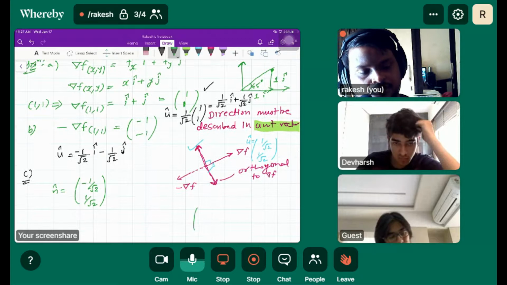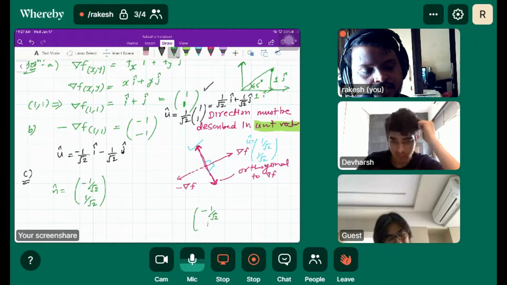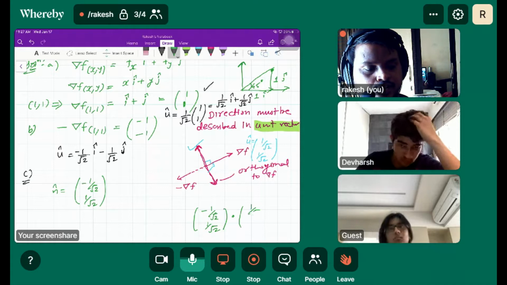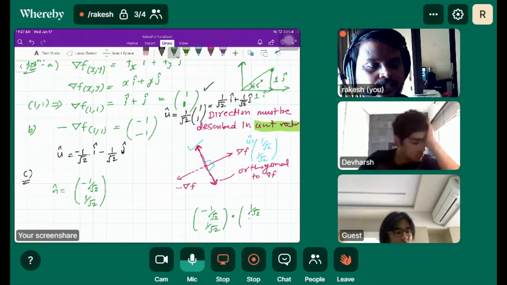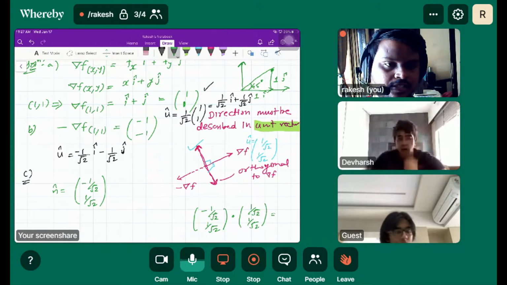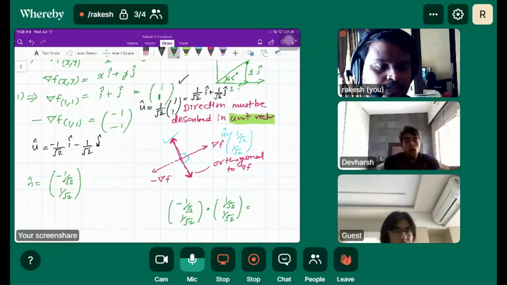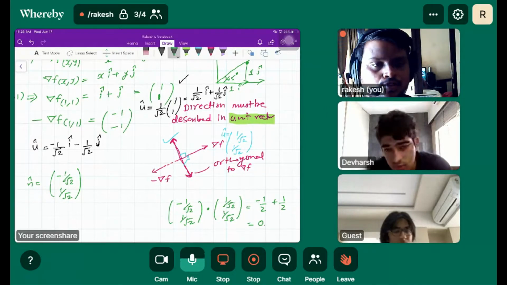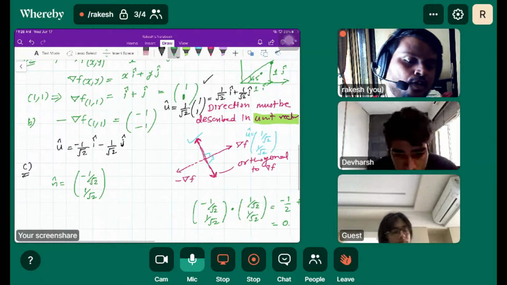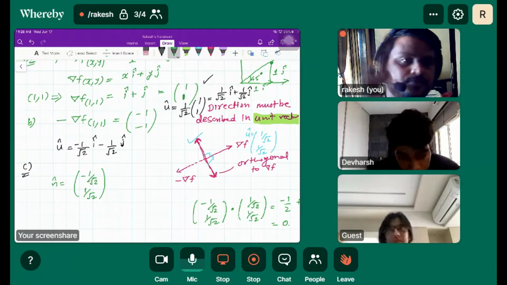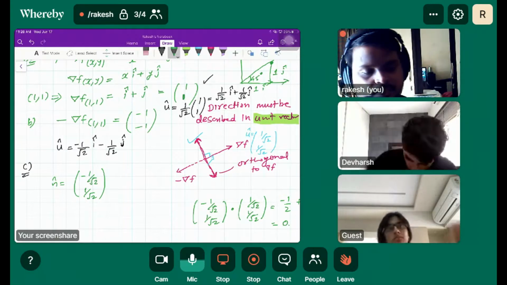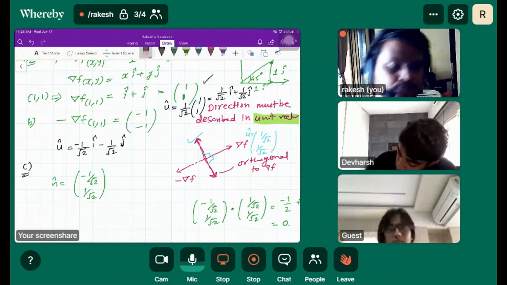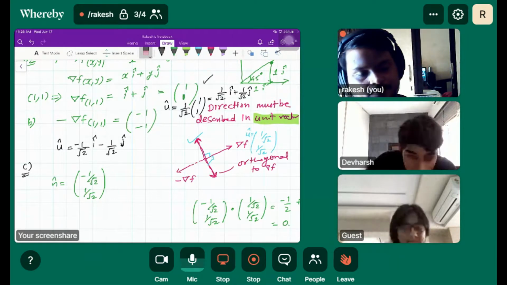See here, if you take the dot product with the unit vector along del f, you will get 0. Are you getting this? Minus 1 by root 2 times 1 by root 2 plus 1 by root 2 times 1 by root 2, that is going to be 0. So for the direction of no change, you have to just change the sign of one of the components.